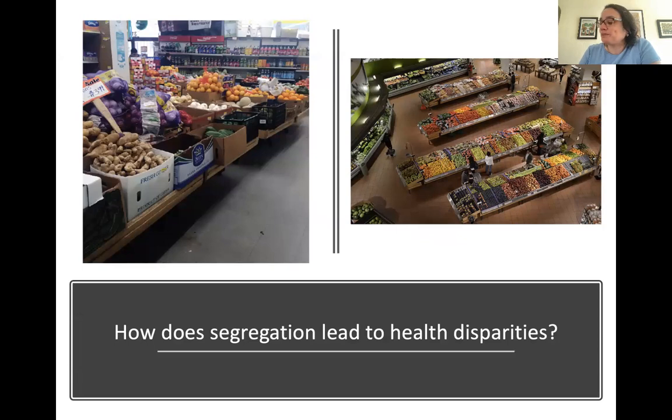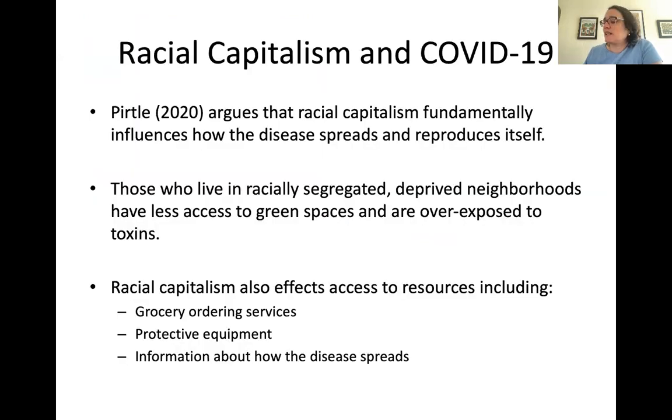racial ethnic groups. And so the reading talks about this idea of racial capitalism in relation to COVID-19, but not just COVID-19. This is relevant to health disparities across different medical conditions and illnesses. So the reading talks about the scholar with the last name Pirtle, who argued that racial capitalism fundamentally influences how diseases spread and reproduce themselves.